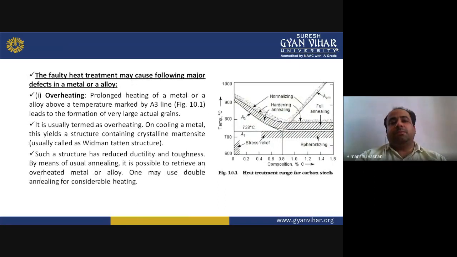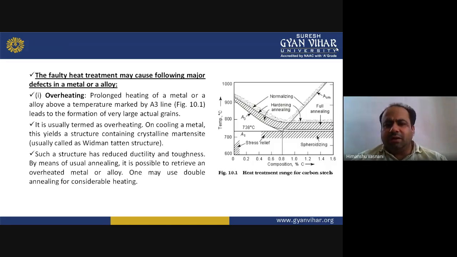Now comes the important topic: faulty heat treatments, because of the following major defects in a metal. We have been discussing different kinds of heat treatment processes, right? Annealing, normalizing, tempering, hardening, carburizing, cyaniding, nitriding.